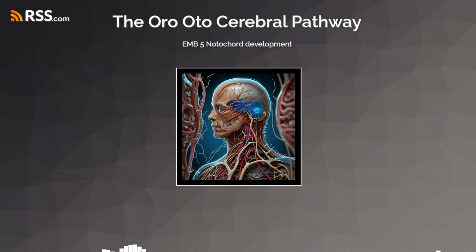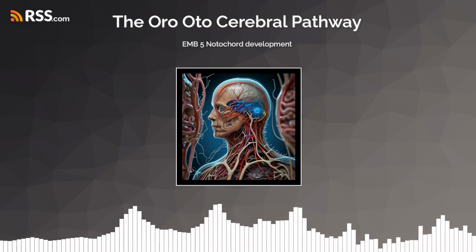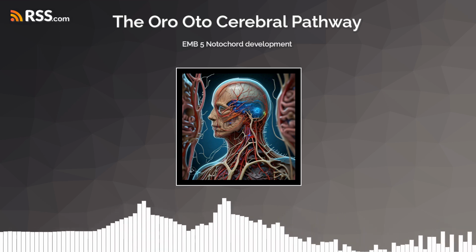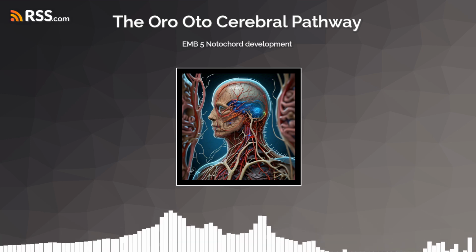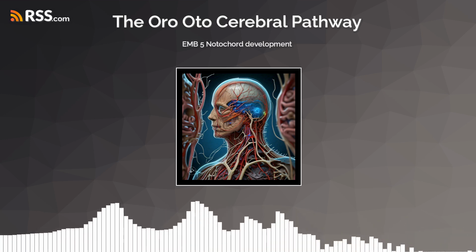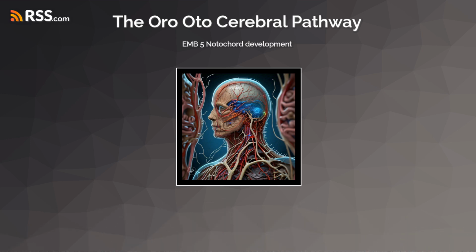And when they reach the precaudal plate, extending from the cranial end of the primitive streak all the way up to the precaudal plate, they form a solid cord-like structure, the notochordal process.